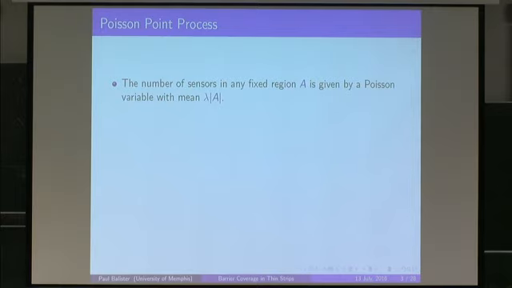I'm sure everybody here knows what a Poisson point process is, but let me quickly go over it. The number of sensors in any fixed region is a Poisson variable with mean lambda times A, the area. Lambda is the intensity, and disjoint regions are independent of one another.